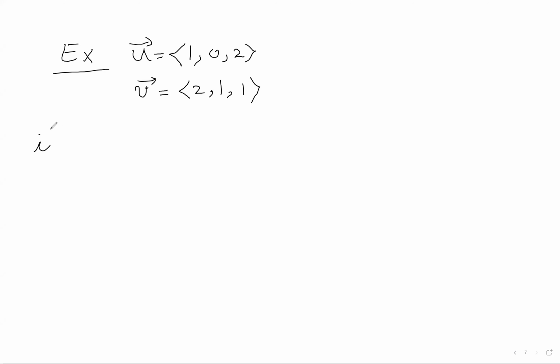Let's look at an example. Okay, suppose vector U is given as (1, 0, 2), and vector V is given as (2, 1, 1). In part 1, I just want to find 2U minus 3V.